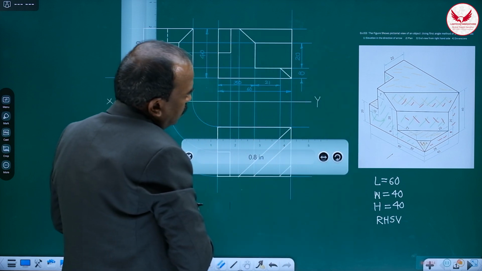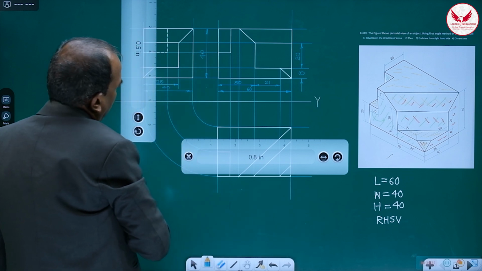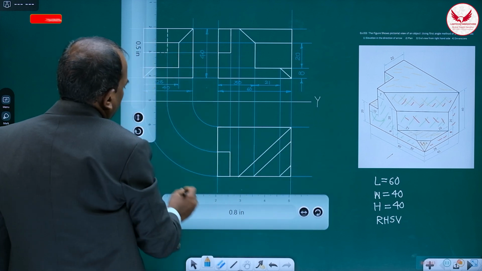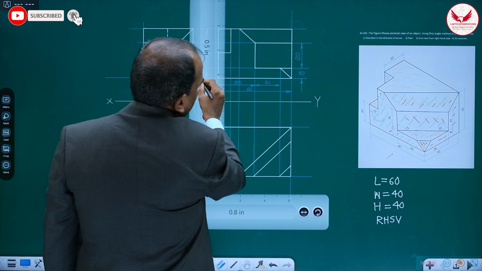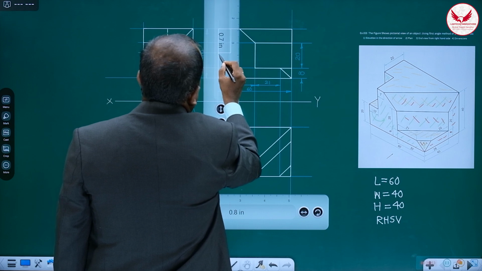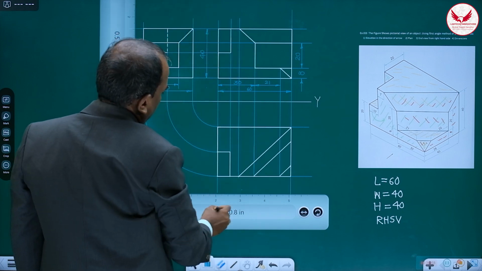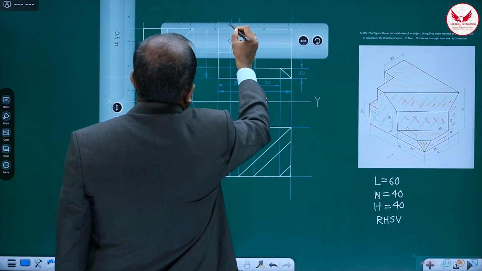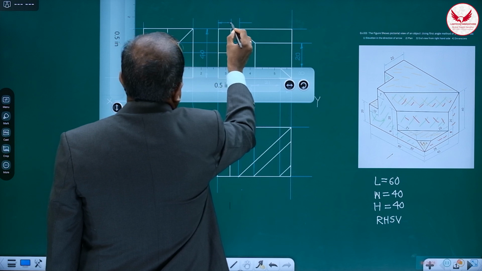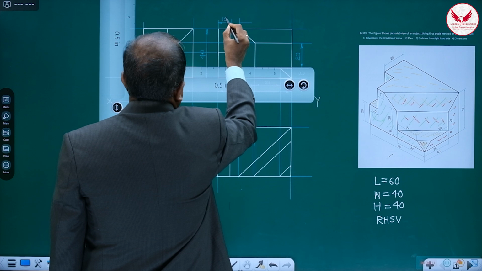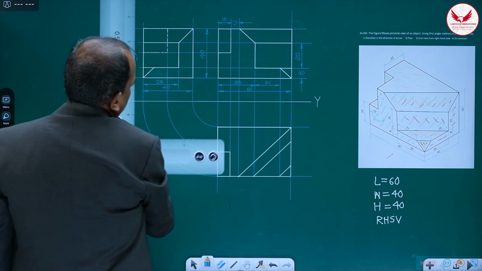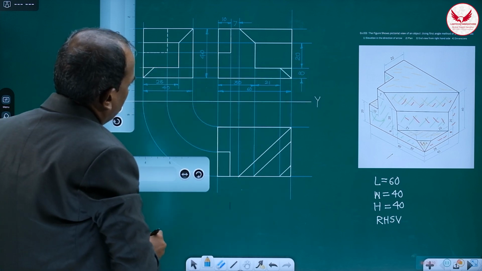It is 8. Then never give the dimensions for the dotted line. So here also, how can you give it? It's very small. It is 10 and it is 7.